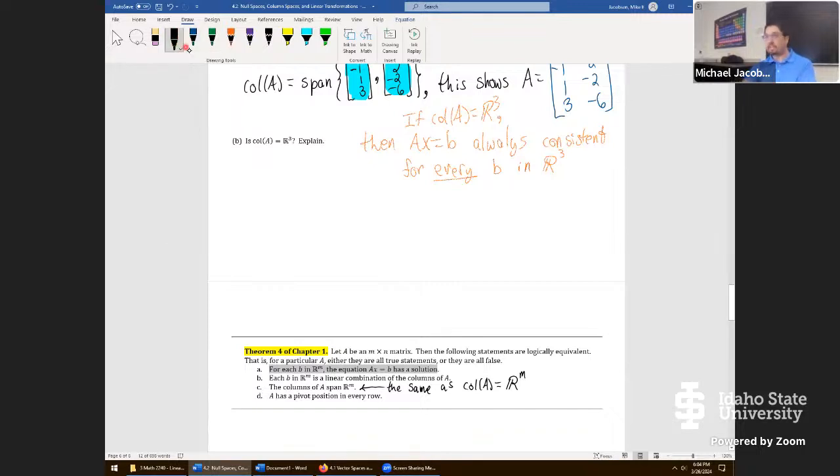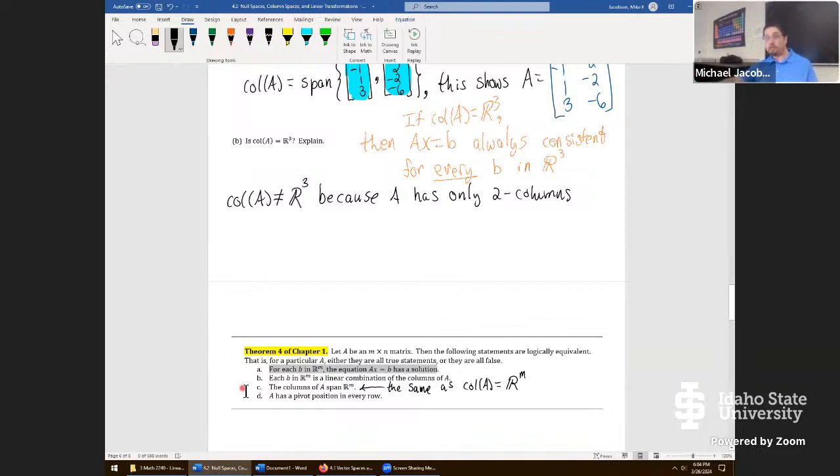But to finalize this answer, we can say column space of A is not equal to R3, as you said, because A has only two columns. That's pretty much it. That does it for us.